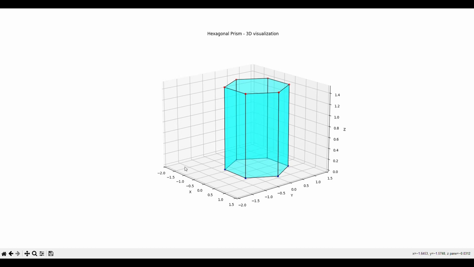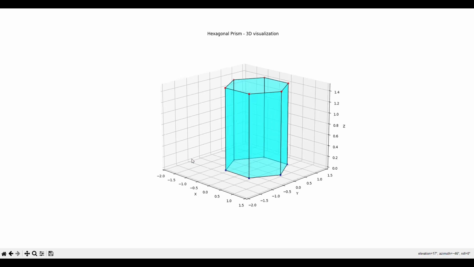The total surface area of a hexagonal prism includes the area of the 2 hexagonal bases and the areas of the 6 rectangular lateral faces. This can be calculated by adding the areas of all these surfaces together.